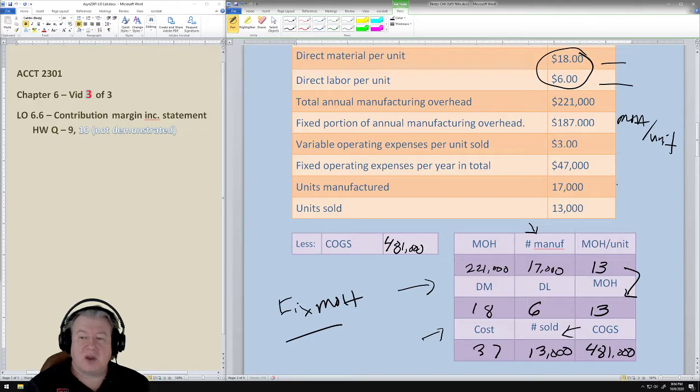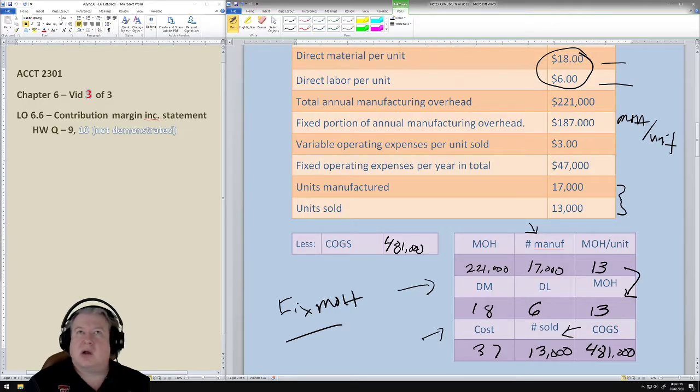We are given both of these numbers, and so there's going to end up being a little bit of difference, and it's mainly because under one way of calculating it, we may use the units manufactured, and the other one we may use the units sold to figure out the number.